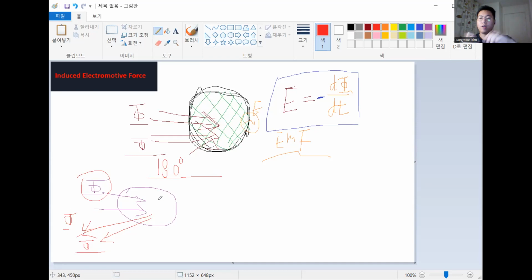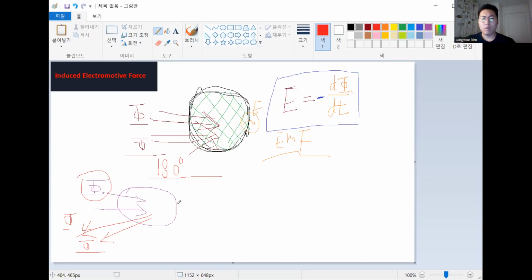For example, this is the coil, this is plus, right? Now the field is coming here, right? The coil itself doesn't want to change it, so the coil makes it this way. Got it?